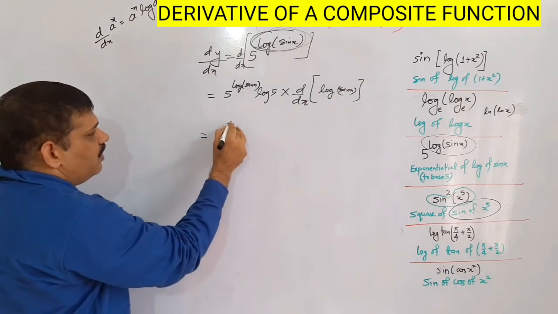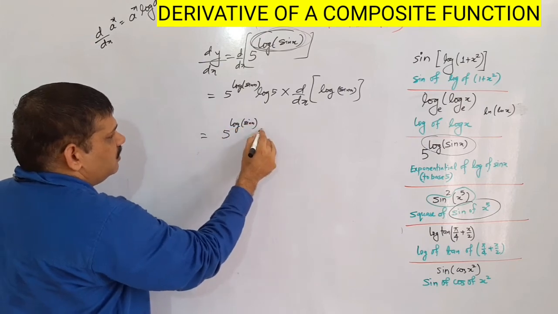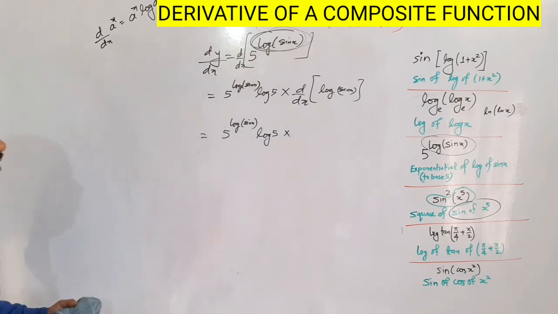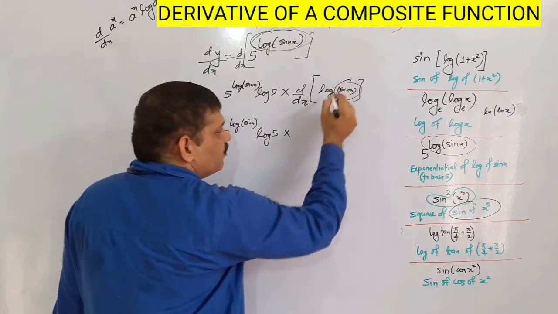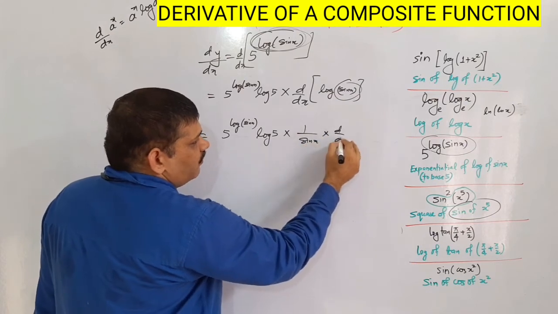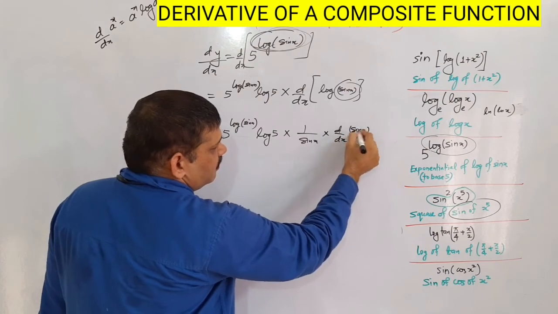Now this is 5 raised to log of sine x into log of 5 into the derivative of log of u, that is 1 upon u, into the derivative of that which we have treated as u, that is sine x.